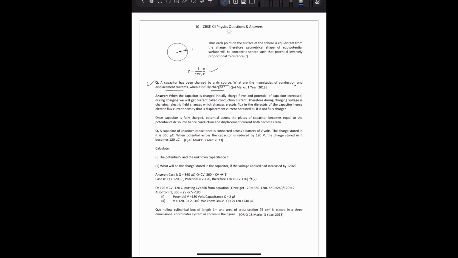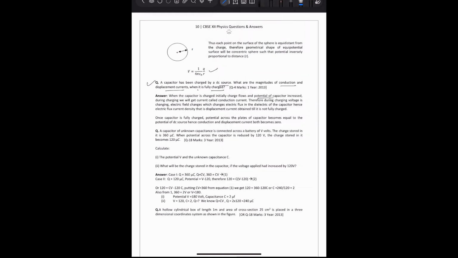Okay, so when a capacitor is charged initially, charge flows, and the potential of the capacitor and its charge increase. Let us take one example and visualize it. The capacitor has been charged with a DC source.